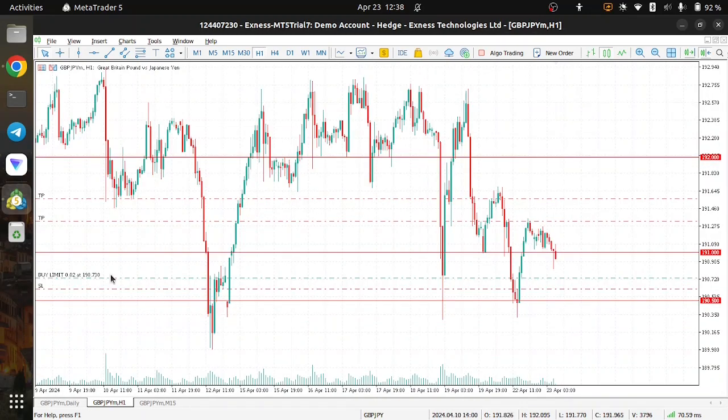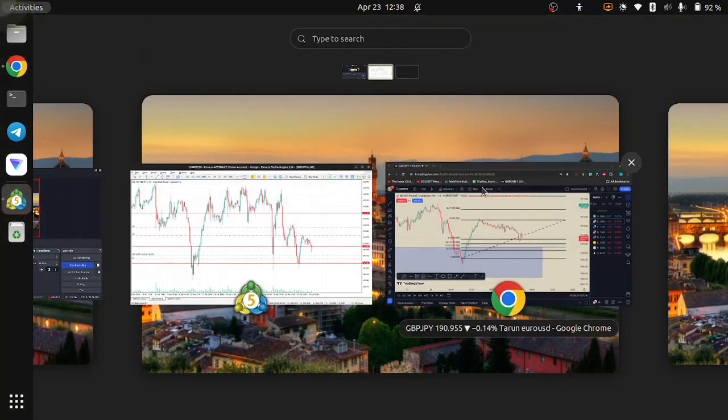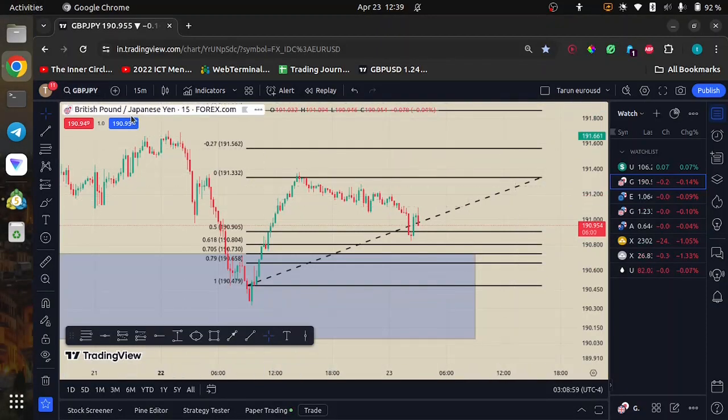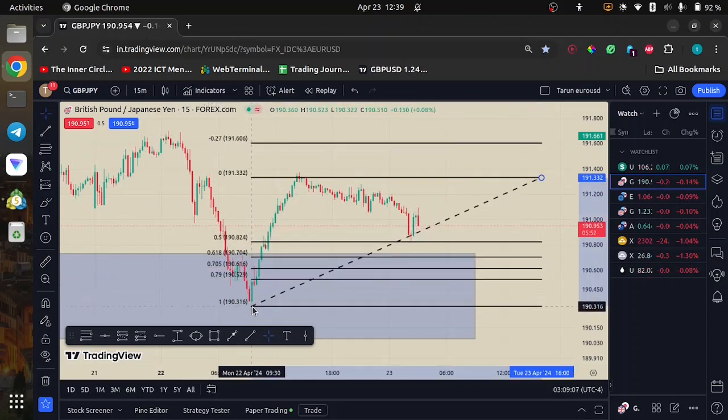Placed my limit 0.02 lots, two positions, stop loss is here, TP1 and TP2 is here. GBPJPY, GJ and GJ. This is the Fibonacci retracement.